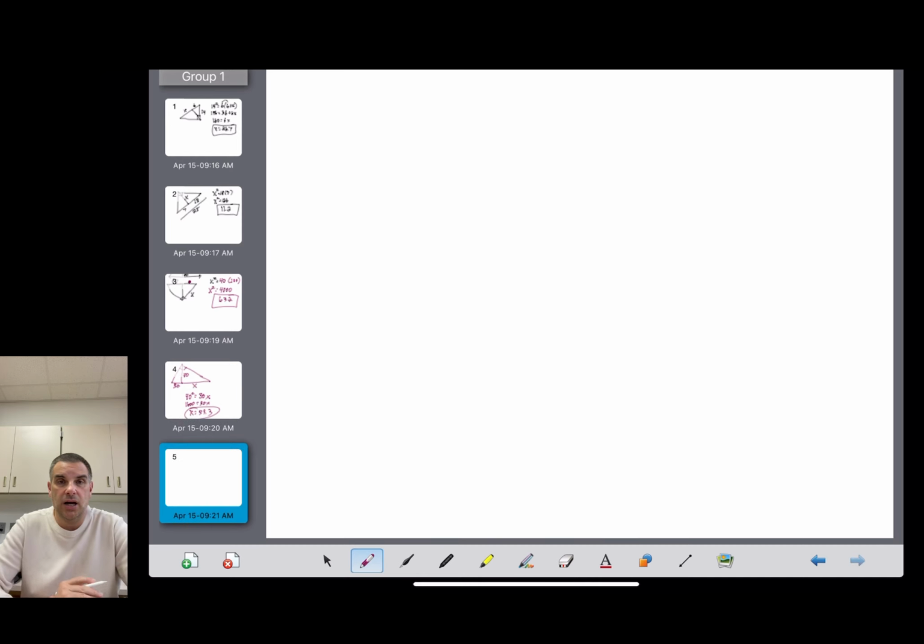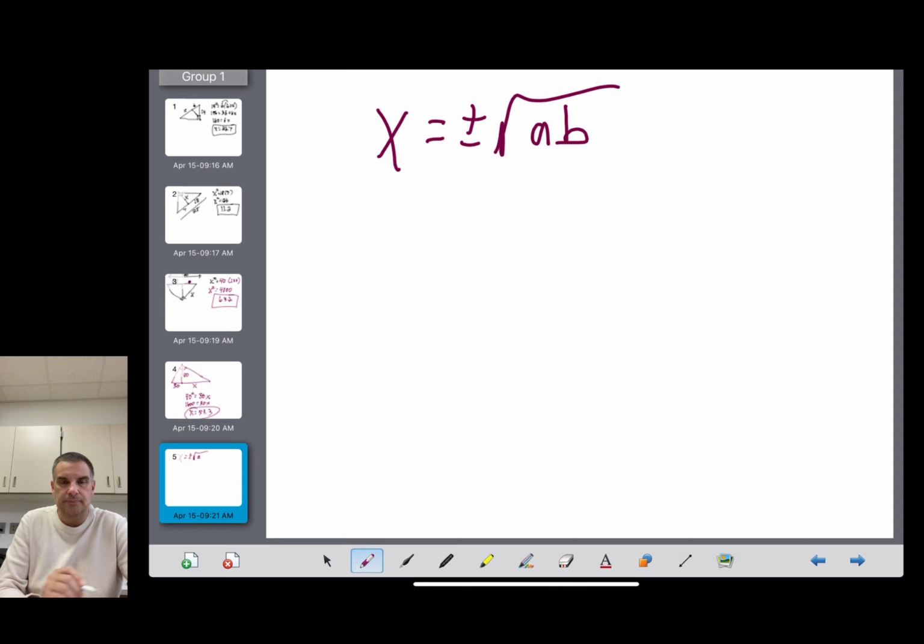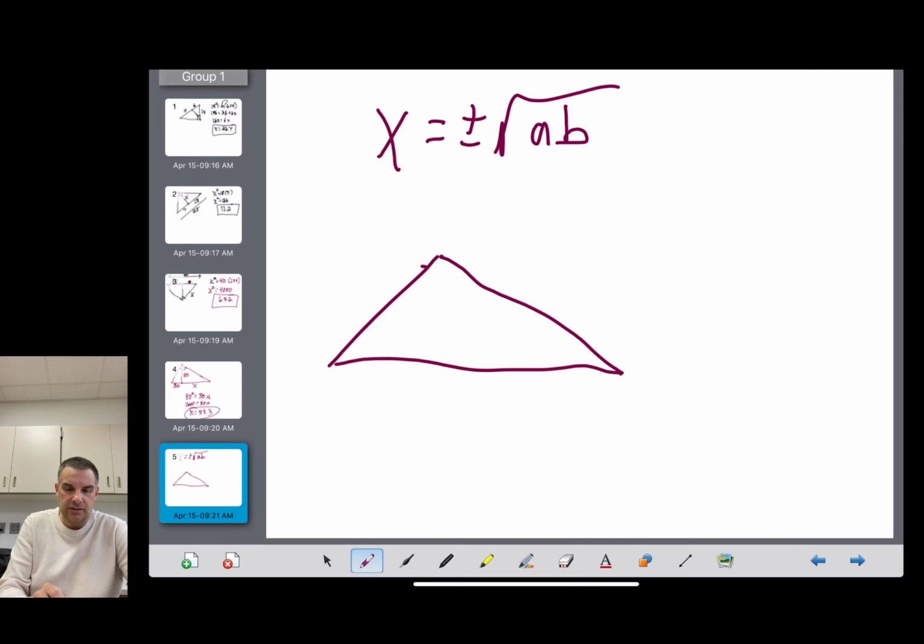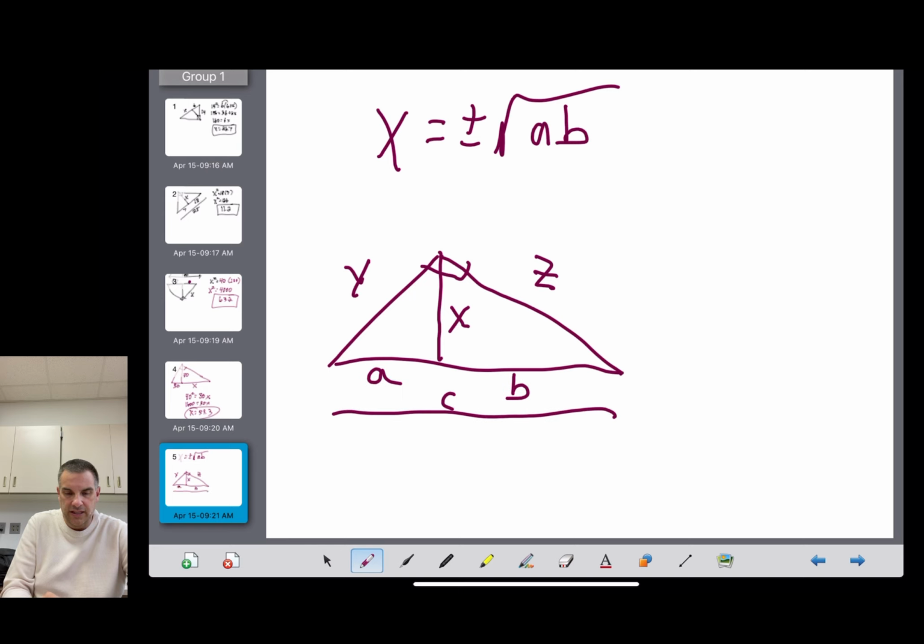Again, keep in mind when we're doing this, the geometric mean: x is equal to the positive or negative square root of AB. That's your geometric mean. When we're talking about our right triangles, we've got this altitude down here. We'll call this x, y, z, a, b, and this whole thing is c.